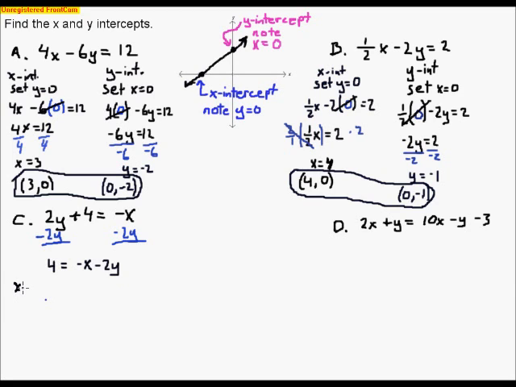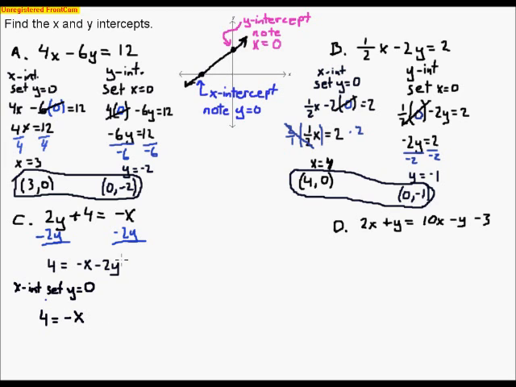Now remember, the x-intercept was when I set y equal to what number? 0. That's right. So when we write 0 in for y, it cancels out this term. It'll be gone. And so when we do that, all I'm left with is this. 4 equals negative x. Where'd the minus 2y go?